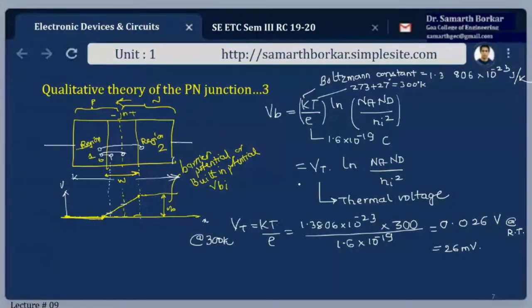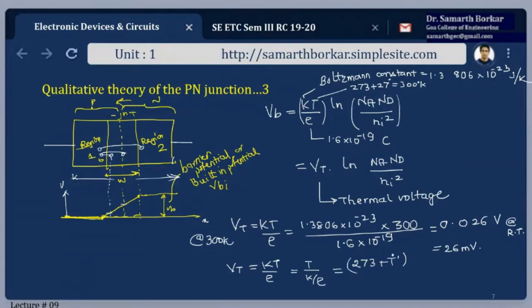Now, sometimes it is asked to compare the barrier potential at 300 degree Kelvin and if it increases to 400 degree Kelvin, then we have to make a slight modification in this equation. Vt is kT by e, so I can write this as T times k by e, where T will be 273 plus T prime.